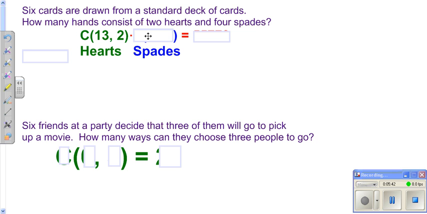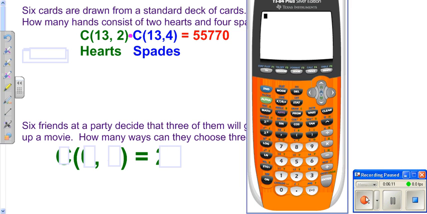Now we got to look at spades. Spades, same type of thing. It's a combination. The order in which they're assigned doesn't make a difference. You have a total of 13 spades to choose from, and you're selecting 4 spades, it says. Now, the fundamental counting principle that we talked about would say you'd have to multiply these top possibilities together. So you could type that into your calculator, times, and type this into your calculator. Yes, your calculator does do combinations and permutations.